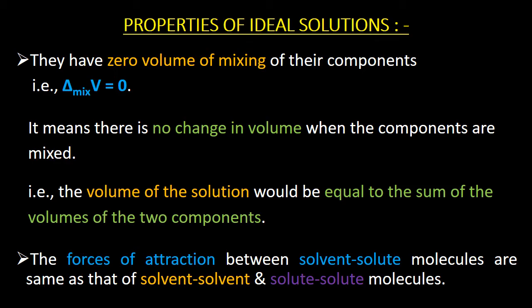They have zero volume of mixing of their components, that is delta V mix is equal to 0. It means there is no change in volume when the components are mixed, that is the volume of the solution would be equal to the sum of the volumes of the two components.